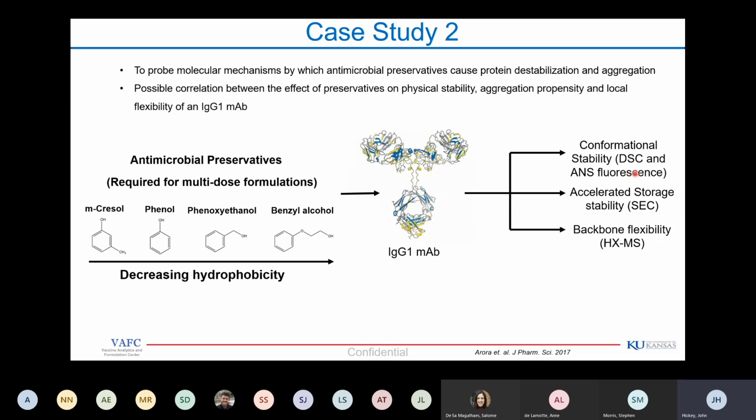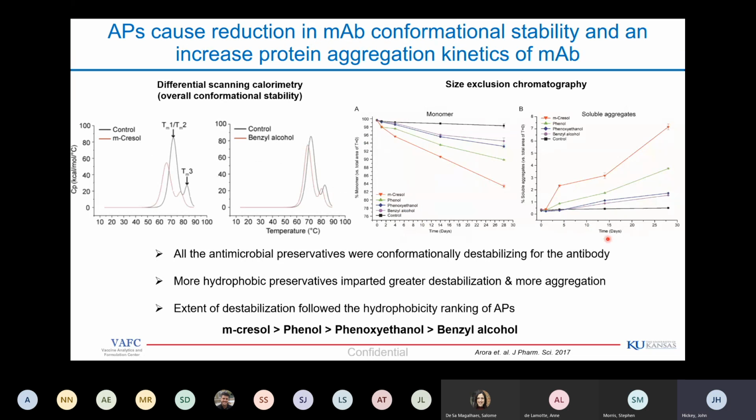And then we used a variety of techniques to look at the conformational stability of the molecule, looked at aggregation propensity, and then finally backbone flexibility. So in this slide, I'm showing the conformational stability and aggregation propensity of the mAb in the 4 different preservatives.